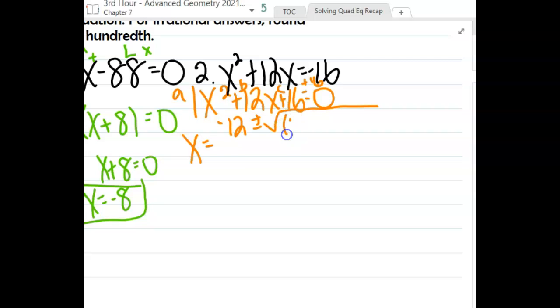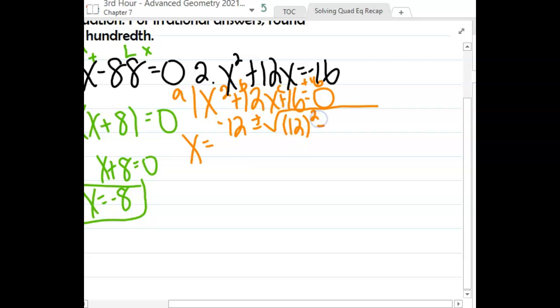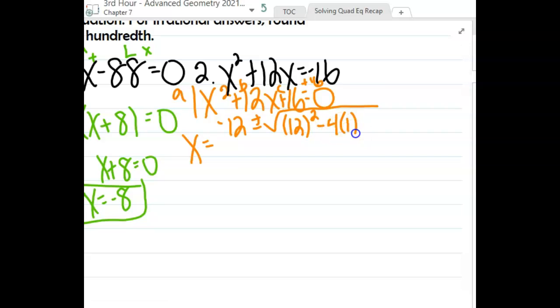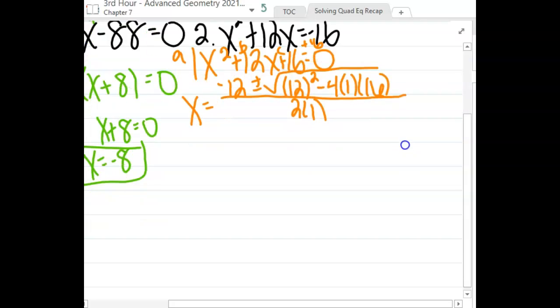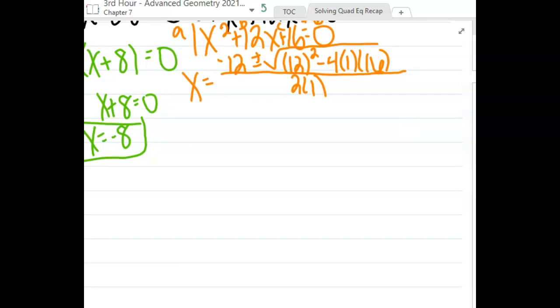Okay, we're going to do B squared. So 12 squared minus 4 times A, which is 1, times C, which is 16, all over 2A, which is 1. Okay, this first step in simplifying is one you need to take kind of slow to make sure you're getting it right. We're going to leave the negative 12 plus or minus the same.